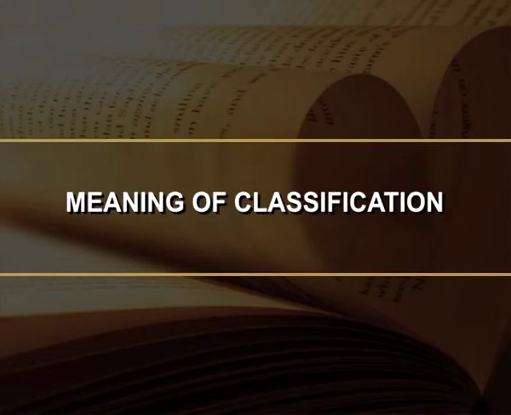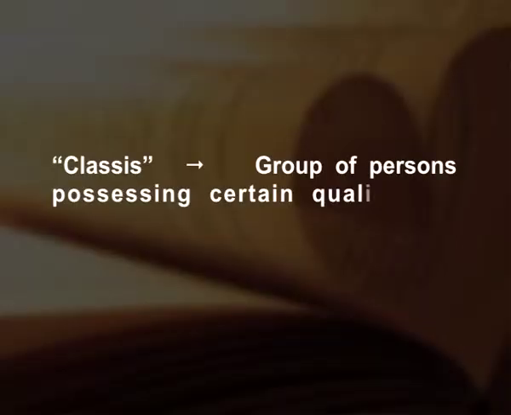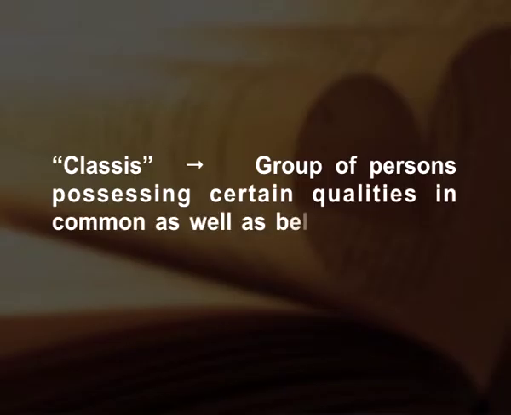Now, meaning of classification. The word classification comes from the Latin word classes. In ancient Rome, the term classes was used to refer to a group of persons possessing certain qualities in common as well as belonging to the same class.